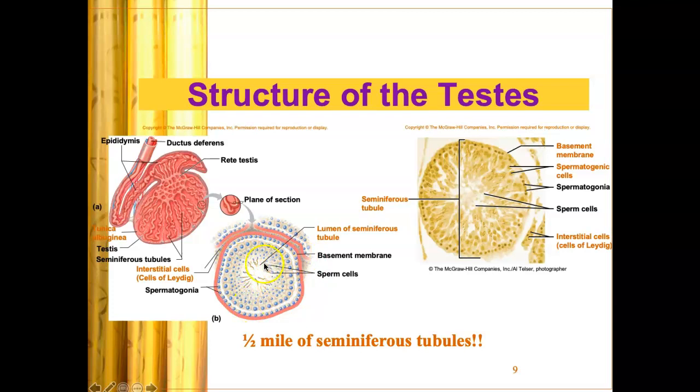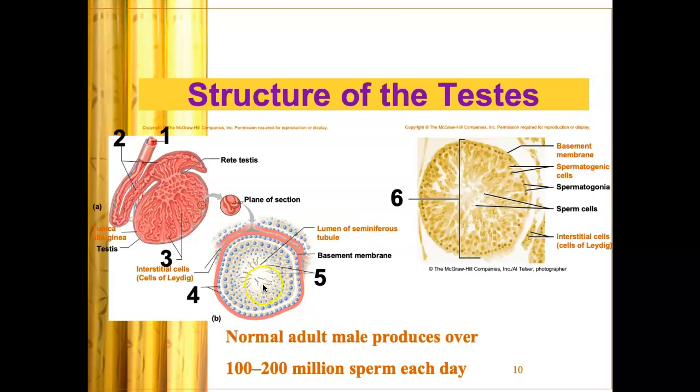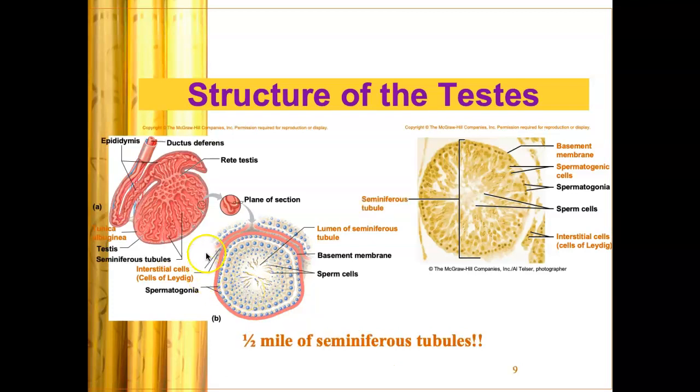This is a cross-section of the seminiferous tubule. On the outside is the cell that will begin meiosis. Remember that the cells will divide twice, and once they're done dividing, the sperm cells will be in the center, and then they'll travel to the epididymis to mature.